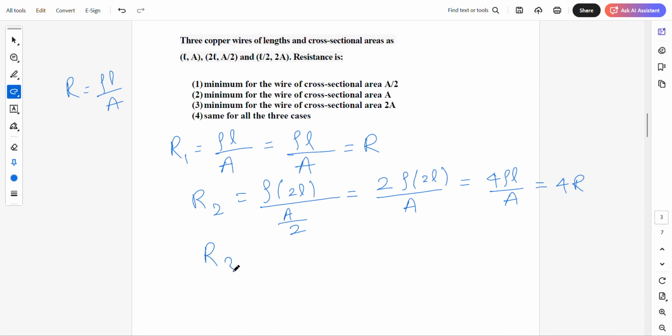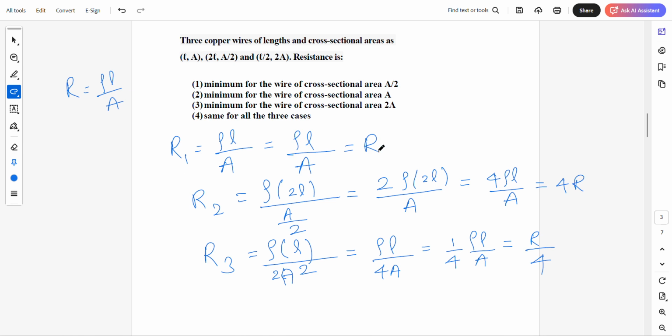Now what about R3? R3 is equal to rho into length, which is given as L by 2, divided by the area for the third case, which is 2 into A. So this becomes rho L divided by 4A, that is 1 by 4 rho L by A, which is R by 4.